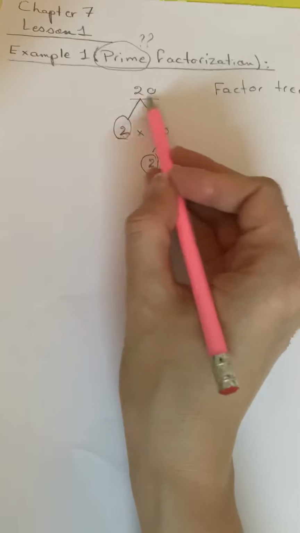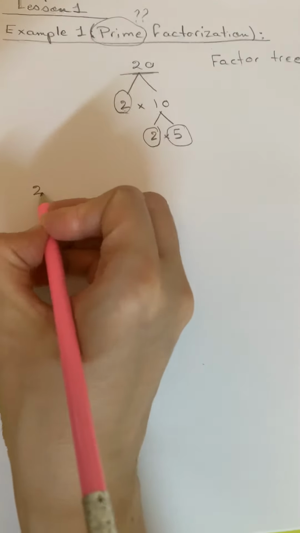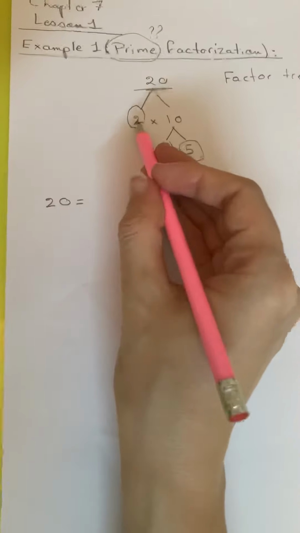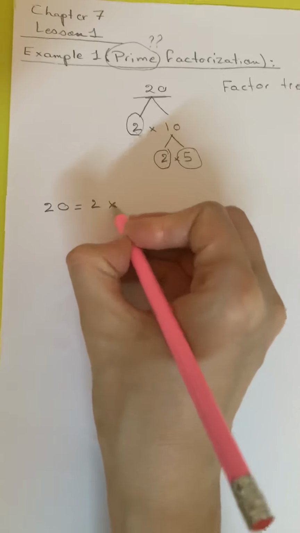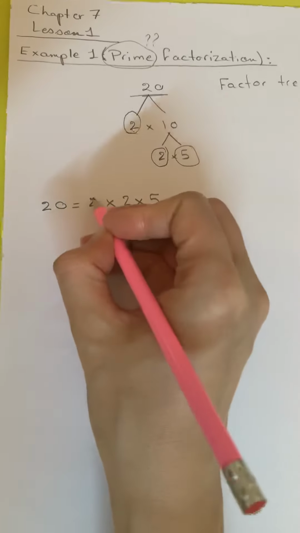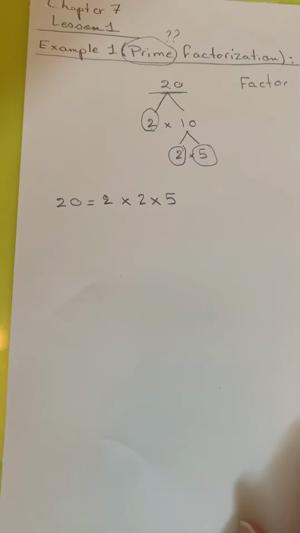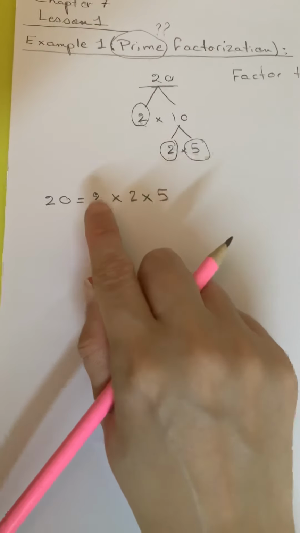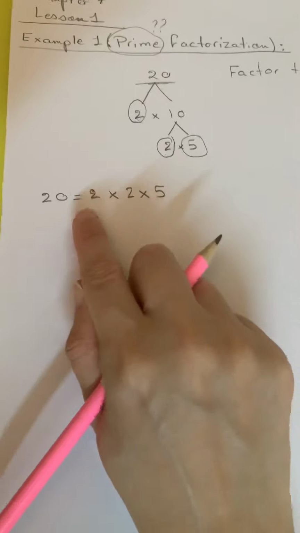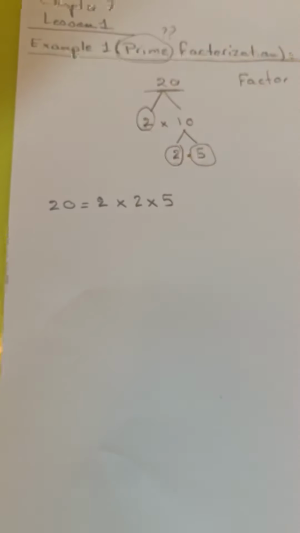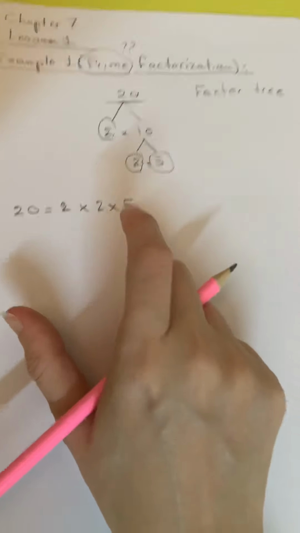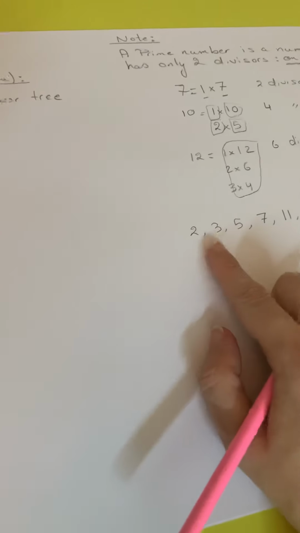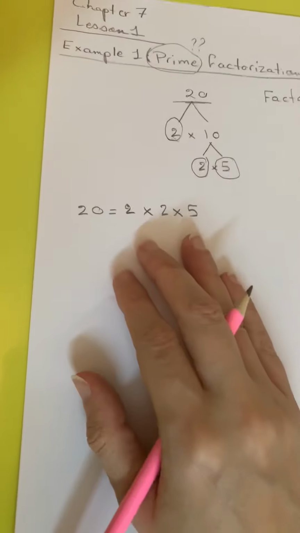So 20 you write as 2 times 2 times 5. You have to make sure that these numbers are prime and you cannot break them anymore. As we know that 2 and 5 are prime numbers, we're done here.